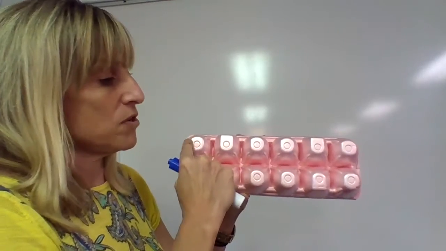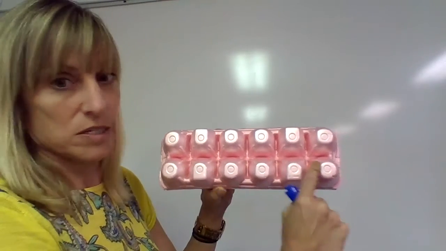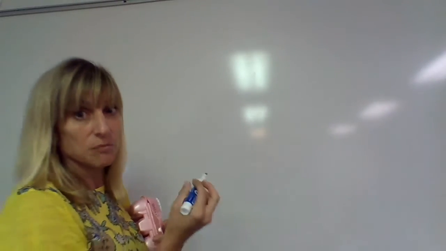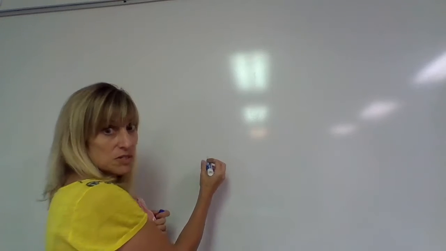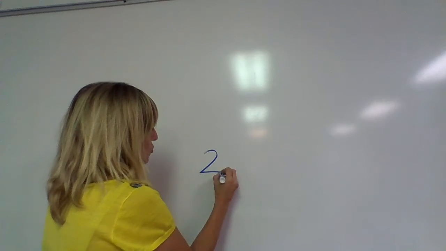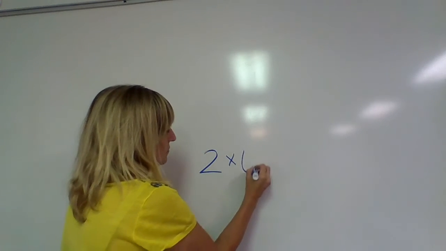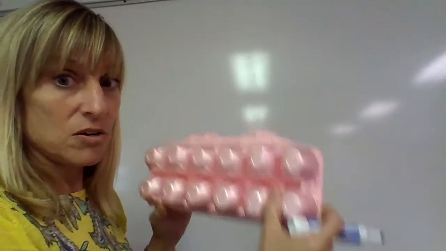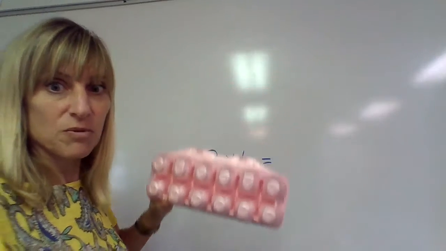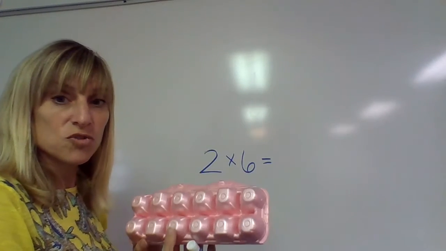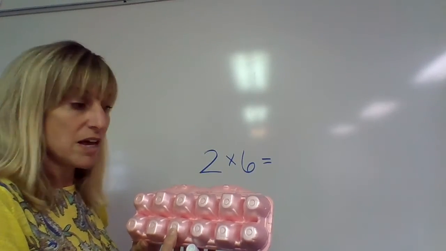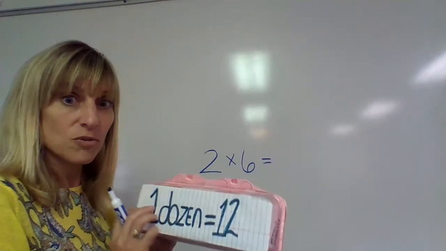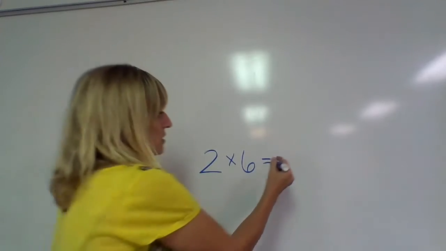Okay, so we have 2 rows of 6. So I'm going to write that on the board in a multiplication sentence. And let me see if I can write it under the glare. So I have 2 rows of 6 eggs. And we already know 2 rows of 6 eggs equals 12, or 1 dozen. Okay?